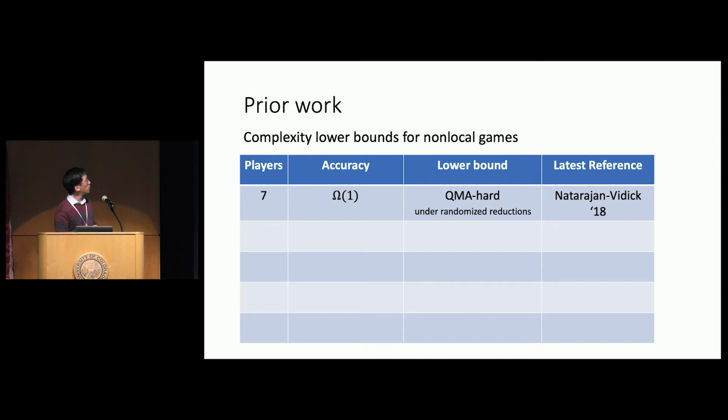One recent result, due to Natarajan and Vidick, is that if you want to estimate the entangled value of games up to a constant, say plus or minus a half, it turns out that this is QMA hard. Meaning that if you could solve this problem, you could, say, estimate the ground energy of local Hamiltonians, and this result holds for 7 or more players. This is also known as the quantum PCP theorem for entangled games.